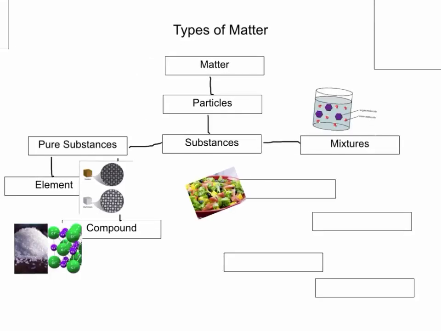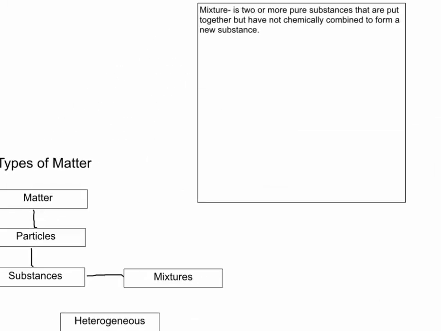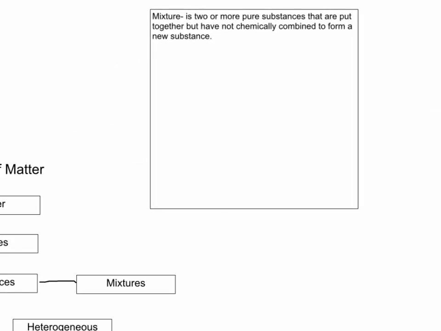There are two types of mixtures. The first type we're going to look at is the heterogeneous mixture. What does heterogeneous mean? Well, the prefix here, hetero, means different.